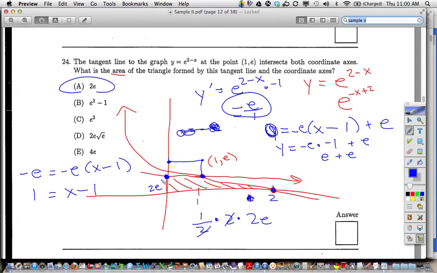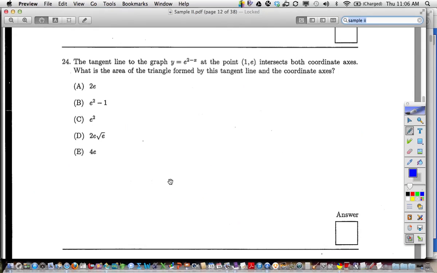But basically, since this point's at e, if you go up e, you're now at 2e. So there's your y-intercept, 2e. And then if you go down e and over 1, nice. Unfortunately, a lot of times it doesn't work that nice. But that's good that you recognized that. And on multiple choice, the faster way you can get it, the better.